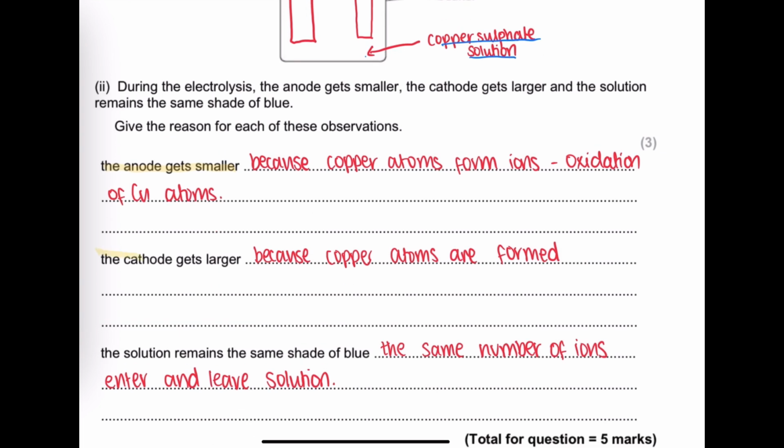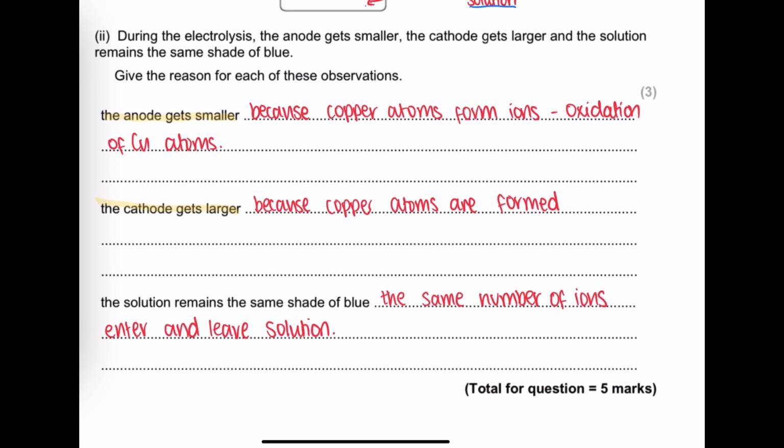Why the cathode gets larger: this is because copper atoms are formed from the solution and become solid, and this is the reduction of the copper ions. The solution remains the same shade of blue because overall, the net number of ions that enter and leave the solution is the same.